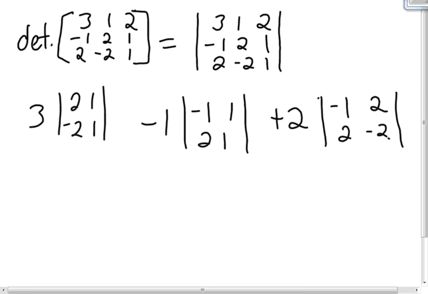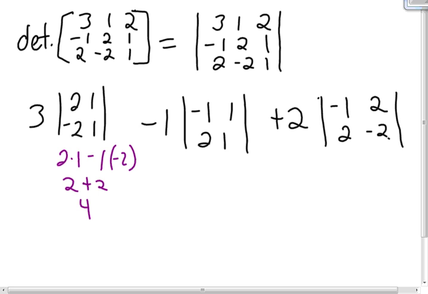So now let's simplify by finding these determinants. The determinant of the first 2 by 2 matrix will be 2 times 1 minus 1 times negative 2. Simplifying, that would be 2 plus 2. So that answer would be 4.